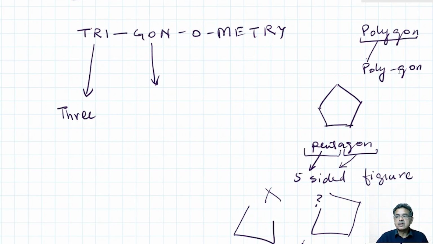So gon means number of sides, and whatever the number of sides, there is the same number of angles. So you can say that trigon means three sides.